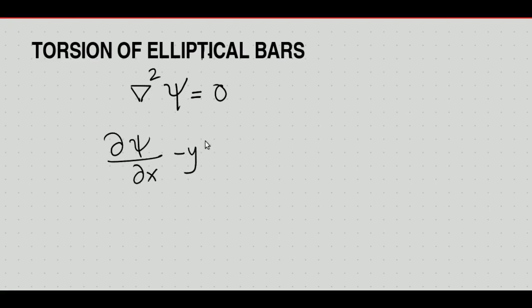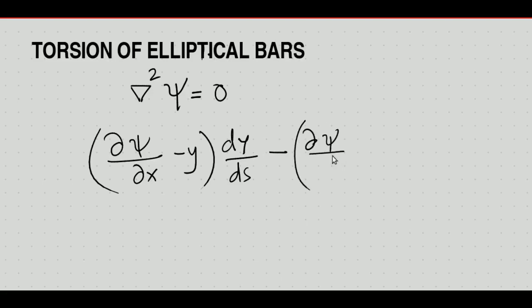Our problem is to obtain a warping function psi which satisfies the equation del square psi is equal to 0 and the boundary condition, that is, dou psi by dou x minus y into dy by ds, plus, minus dou psi by dou y plus x into dx by ds, equal to 0.